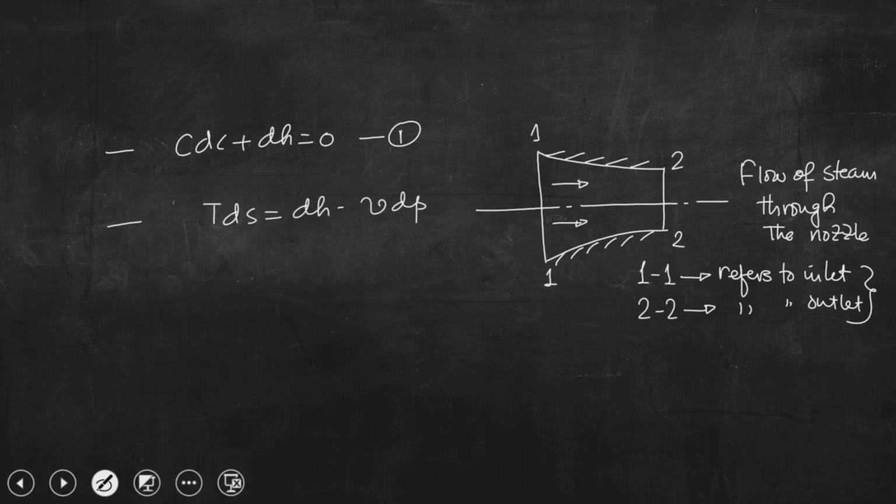And also we could write the property relation, which is TdS is equal to dH minus VdP. This is for any process at any state point we can write.